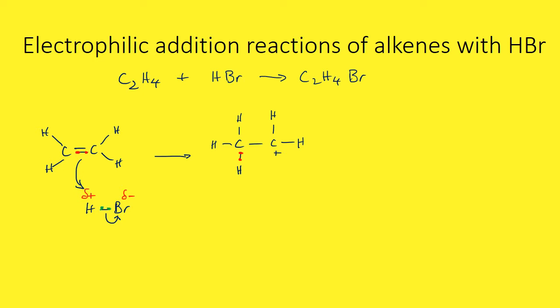They both went to the bromine, and so the bromine took both of those electrons, which makes the number of electrons it's got up to 8, so it has a negative charge, and we can draw those two electrons as a lone pair, like so.